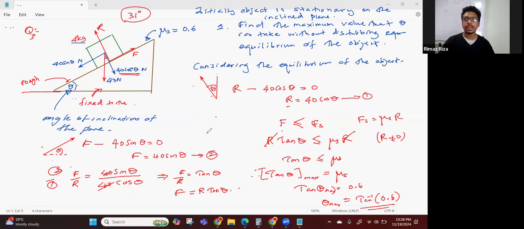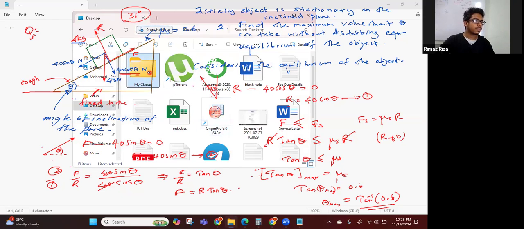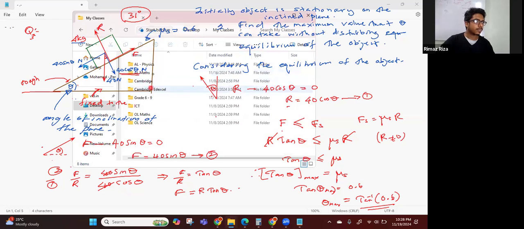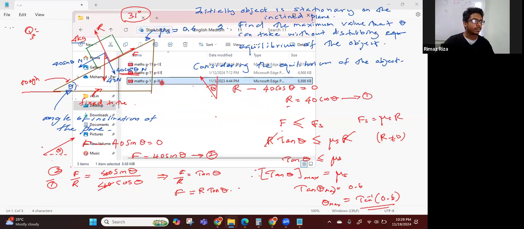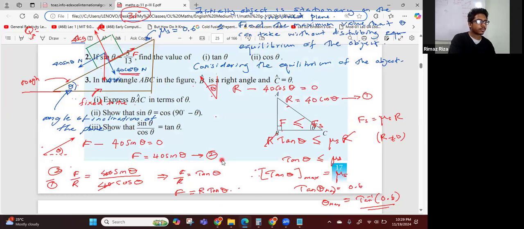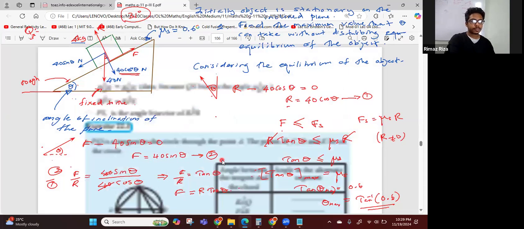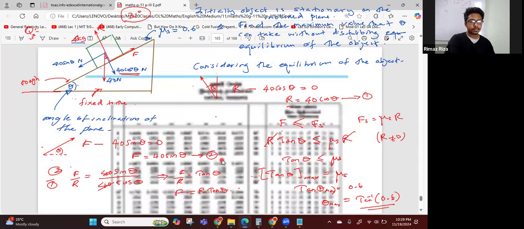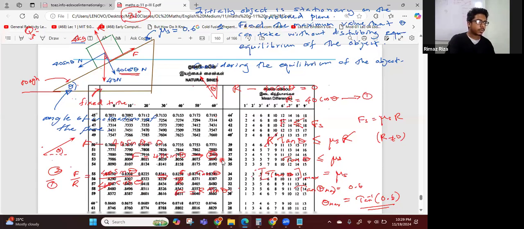I don't have a trigonometric table right now. Maybe I can take a grade 11 textbook. Natural tangents, tangent 0.6.